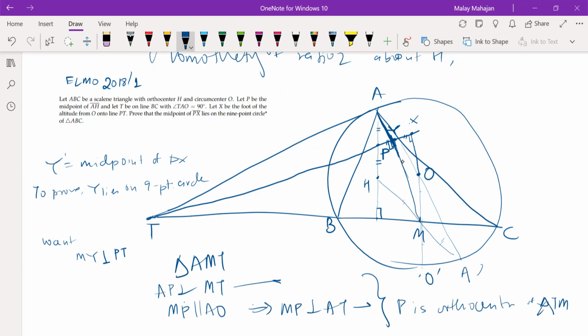So let's redefine Y as AM cap PT. Then you have that AM is perpendicular to PT. And now you want to prove that Y is the midpoint of PX.